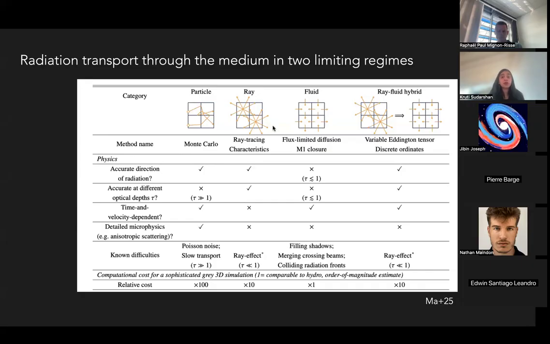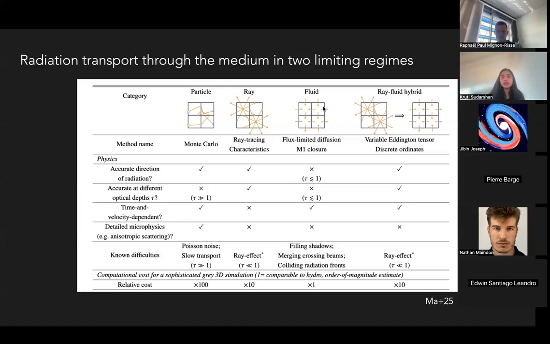And of course, we want to do proper hydrodynamics, not just hydrostatics, and hence we move towards other methods. There's also the short characteristics method you can use. But when you try to solve these energy equations, what you typically use are flux-limited diffusion, M1 closure, or variable Eddington tensor approaches.